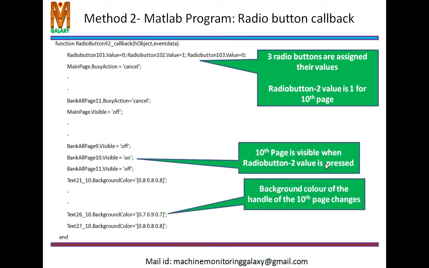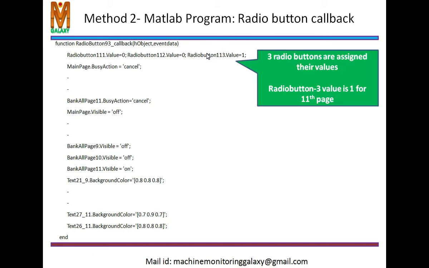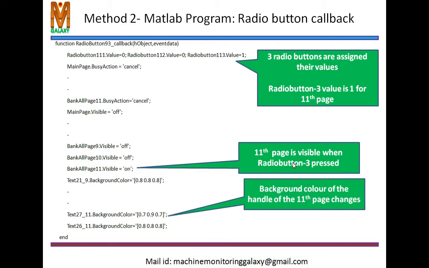So this is the program for that. And the background color of the 10th page, that is performance 6/7, will appear. Similarly, for radio button 3, the 11th page will be activated, and the 11th page is visible when radio button 3 is pressed. The background color of the handle of the 11th page will change to a different color.